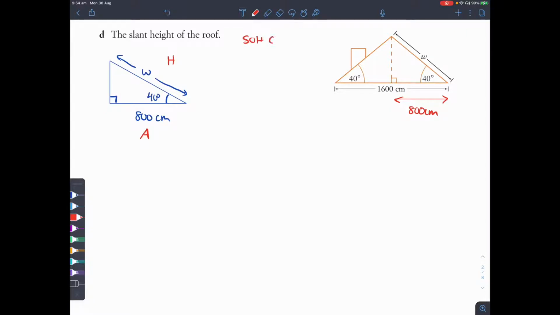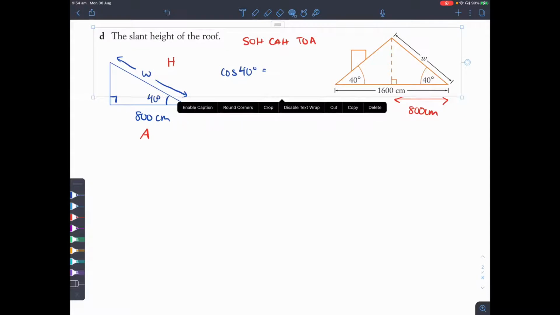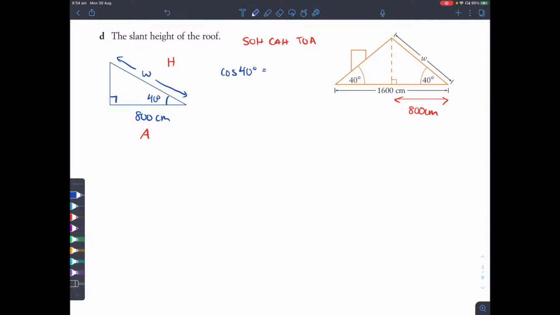So using our mnemonic SOHCAHTOA, the part which has A and H is CAH, and that represents cosine. So we're going to apply the cosine ratio of 40 degrees. That is equal to adjacent over hypotenuse, which in this case is 800 over W.